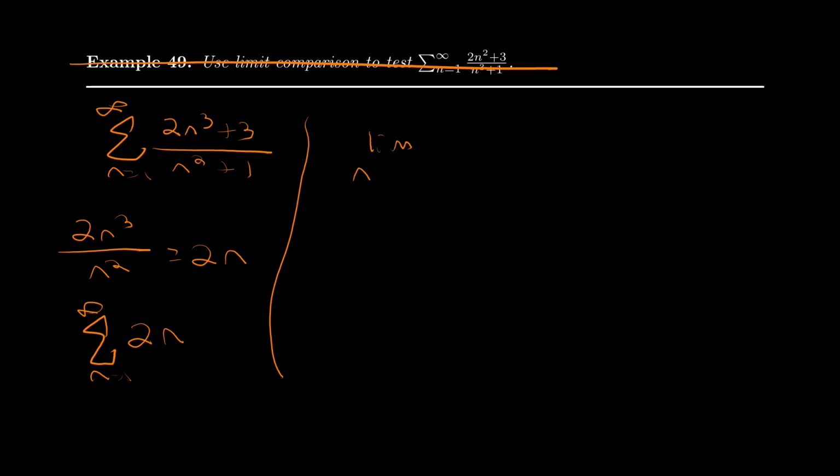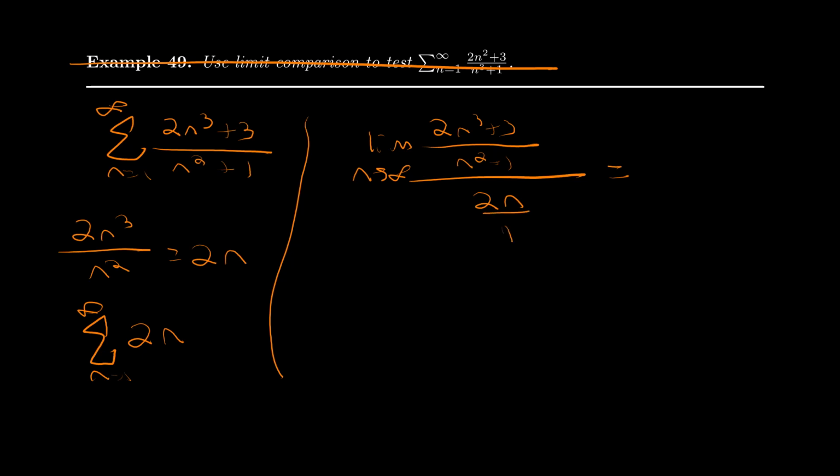So the limit as n goes to infinity. Let's see if this even works since I just made it up. So we're going to put our term on top: (2n cubed plus 3) over (n squared plus 1). And then we're going to divide by just 2n. This is 2n over 1, so we're just going to keep, change, flip.